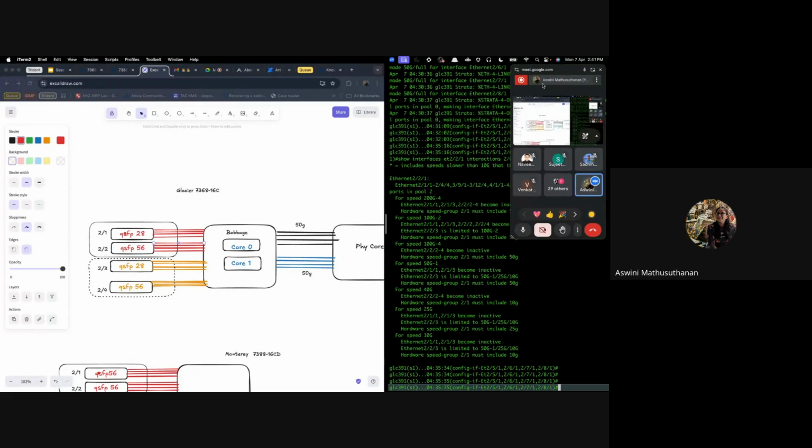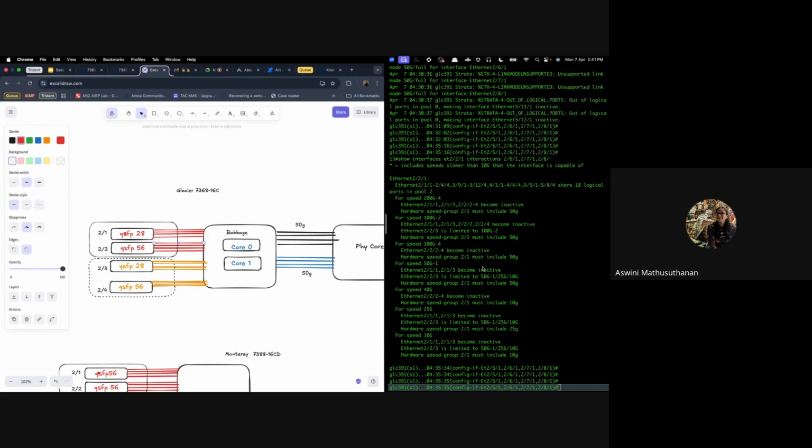Any other questions? Okay. So we will see one more speed, just so we are getting clear with that. Now 2/2/1 is configured with 100 gig. For 100 gig, we would need 2 lanes, which then will operate at 50 gig speed. So the first one, 2/1, is obviously active with 50 gigs, and the other, 2/2, supports it.